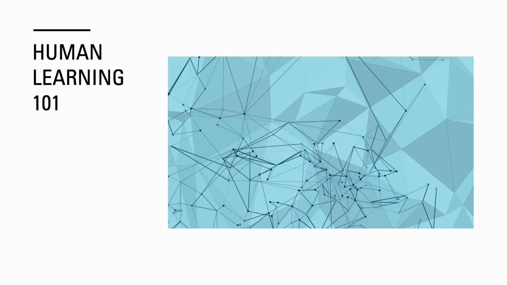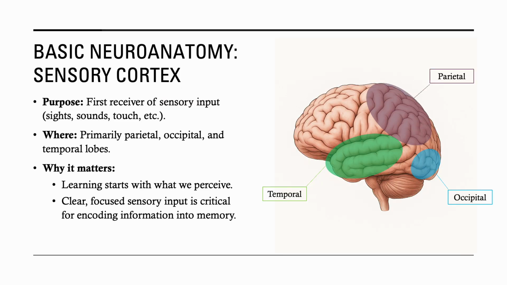Here we go, Human Learning 101. So, when we're in the world, wherever that may be, we see, we hear, we smell, we physically touch things specific to that moment in time. I know for me right now, I can see the slide that I built for this.